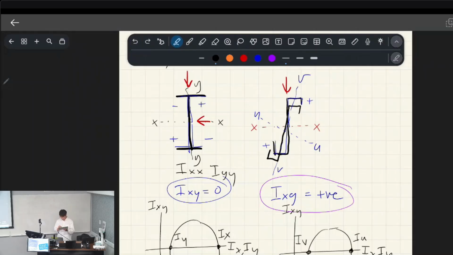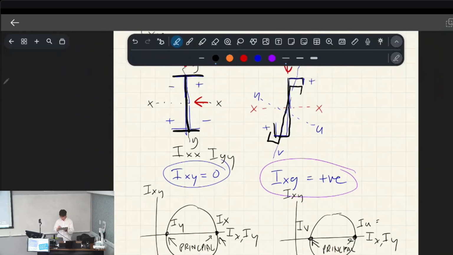So principal is whatever lies on this plane. That's also principal. So the principal values are the strongest and weakest in terms of moment of inertia here, and it's also where you get your zero product of inertia. So this one's IUV. Sorry, my writing's really cooked because I'm standing up, so it's hard to write straight.